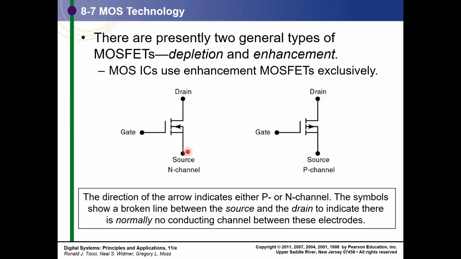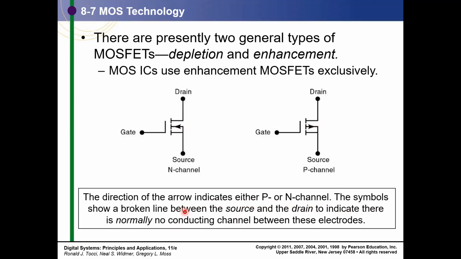But when we show a three terminal device, we assume that the substrate is not connected to the source, but to the lowest potential available in the system, which is ground or VSS. Here we assume the substrate to be connected to the highest potential node, which is VDD. Now the direction of the arrow indicates either P or N channel.